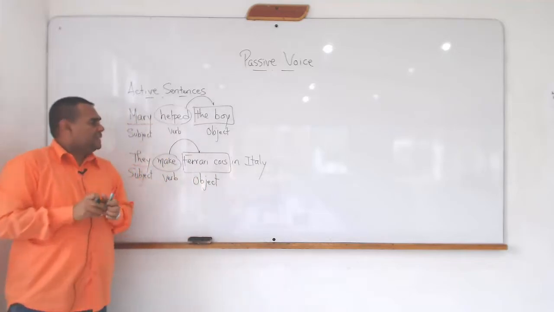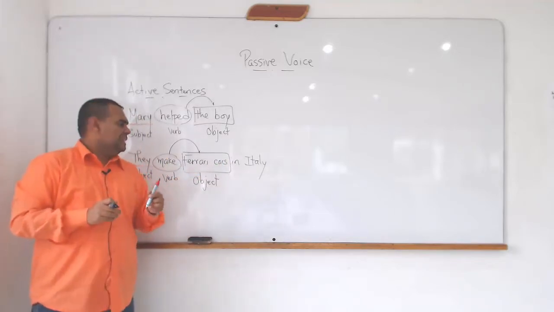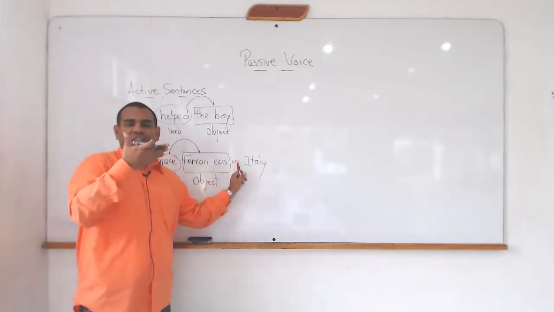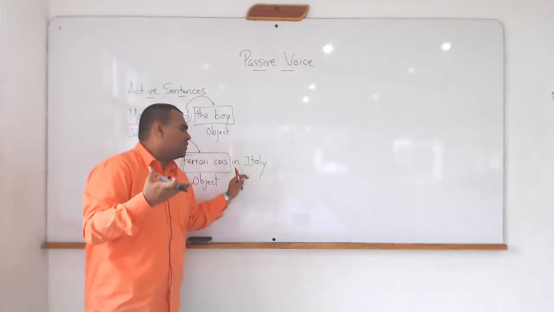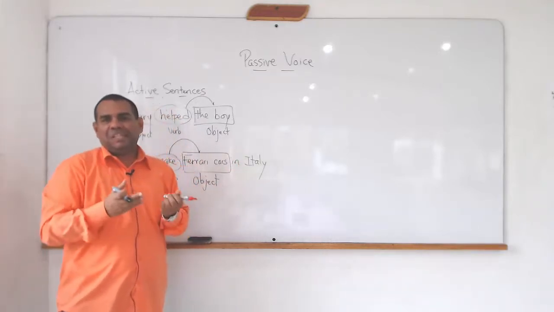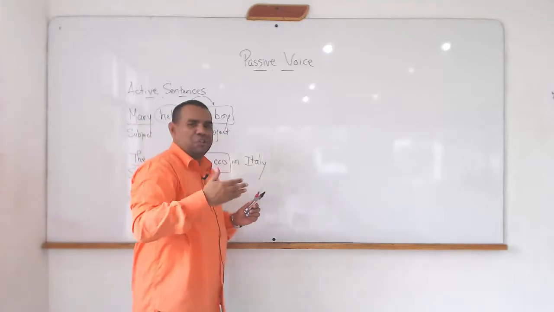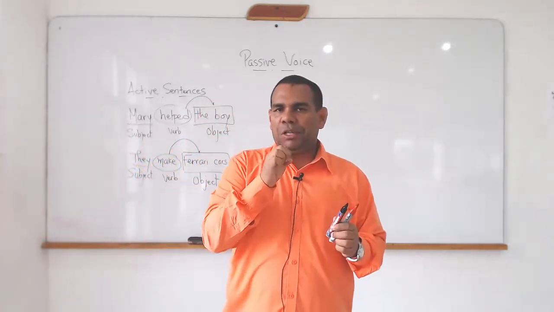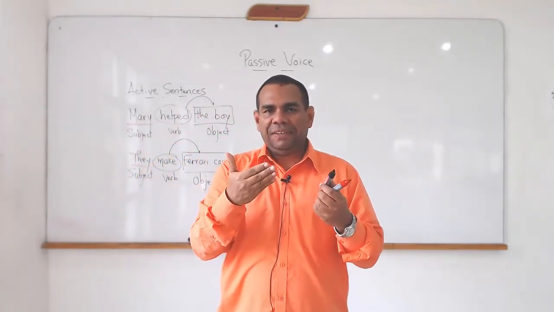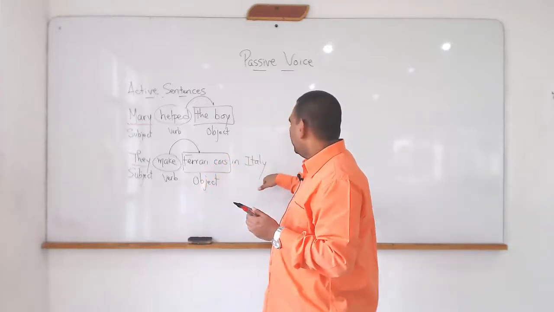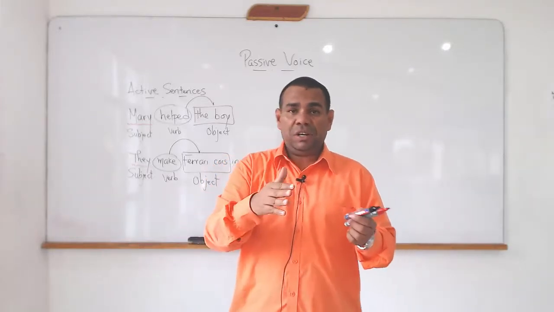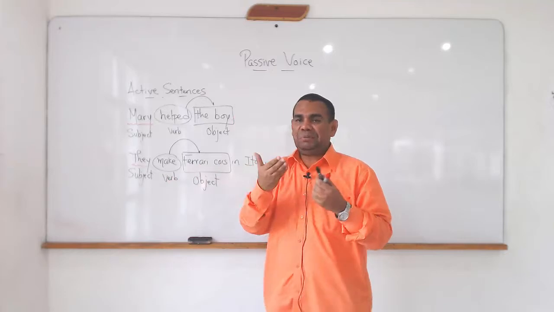So this is the object, and we find some additional information related to where the action is done. Okay? So in this case, in Italy. But this doesn't constitute an essential component that active sentences have. It may be there, or it may not. So this is not going to be a remarkable problem.